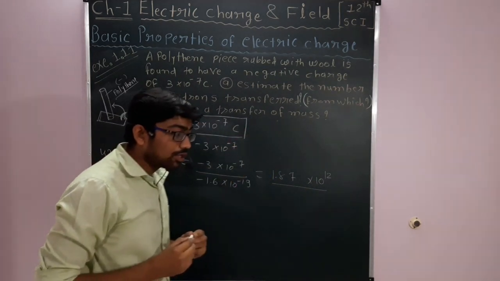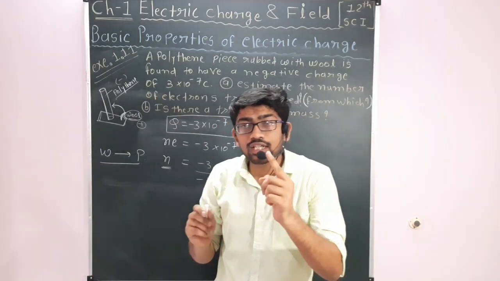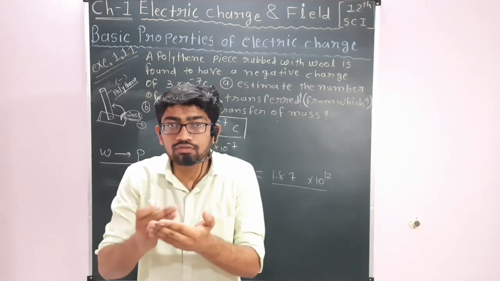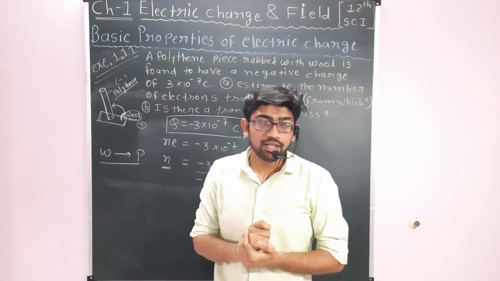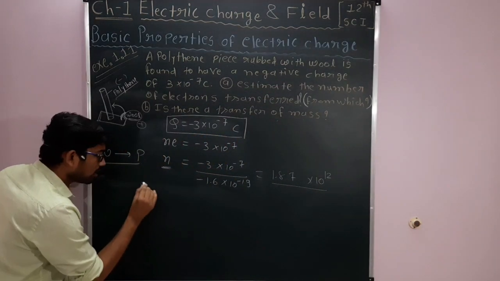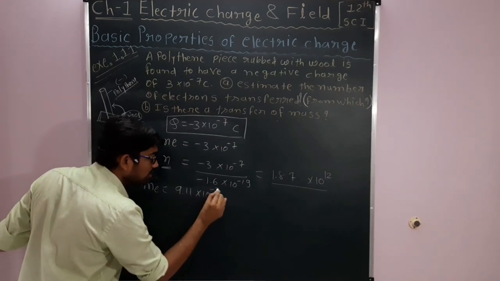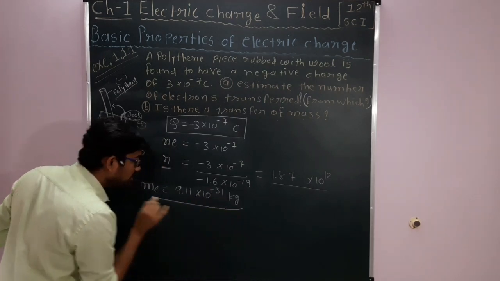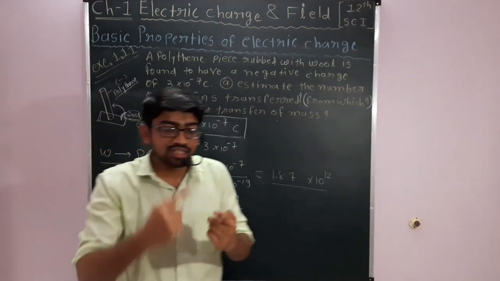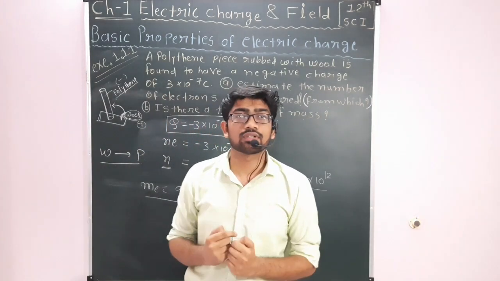Yes, of course, because an electron not only has a charge, it also has some amount of mass, me equal to 9.11 × 10^-31 kg. So if electrons are transferred, then charge and mass are also transferred.